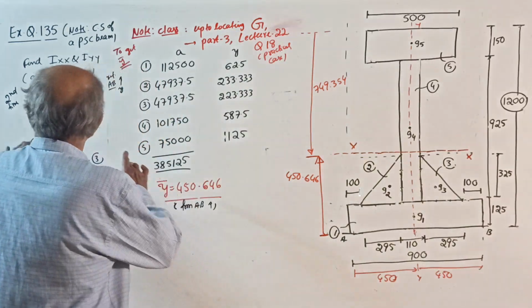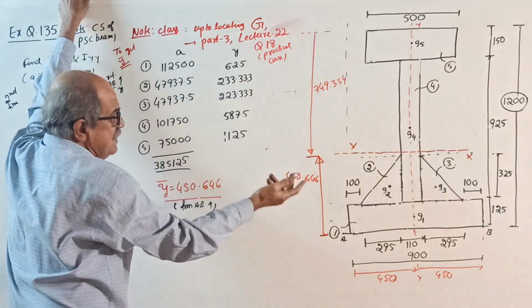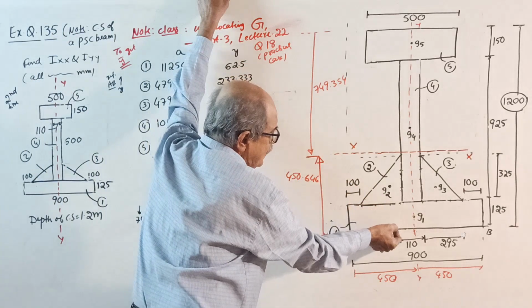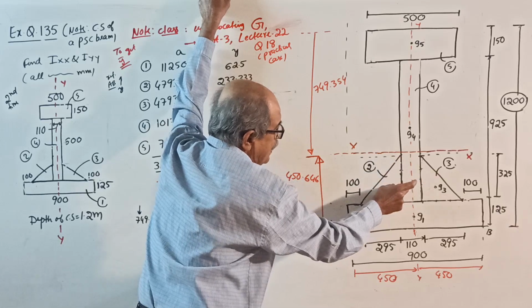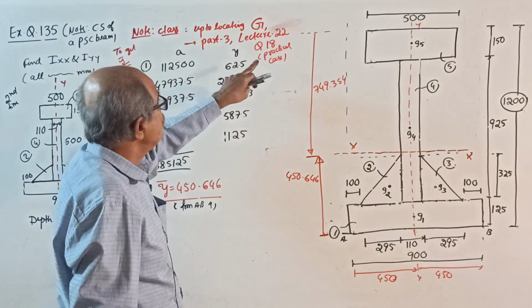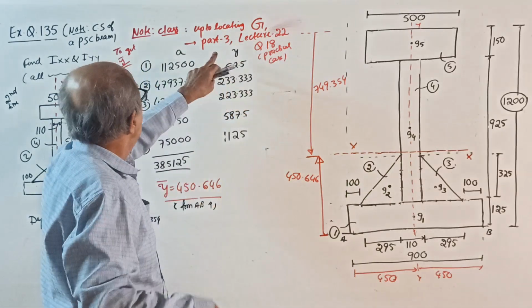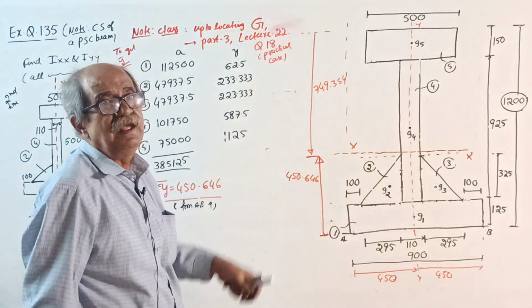Suppose you got doubt about any number here, I explained very slowly there. This is 1/3, this is 2/3, this is 1/3, this is 2/3, everything told there. So, if you want any clarification, you go back to part 3, lecture 22, question number 18, you get all the information there.